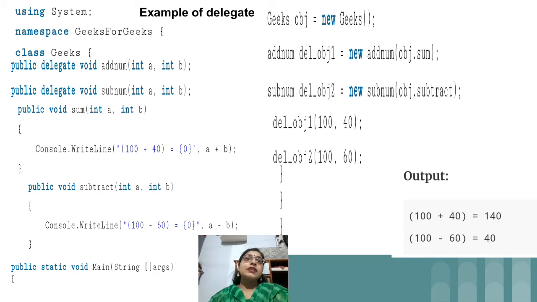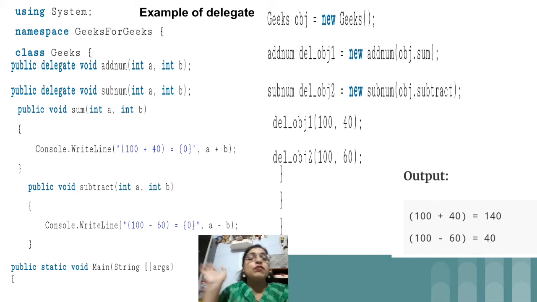After that we have written the logic, that is addition, like console.WriteLine 100 plus 40 equal to, within curly brackets a comma a plus b, whatever value we pass, that addition will be displayed. So when we call the delegate, just see that we use 100 comma 40, these values. So 100 plus 40, that is 140, will be displayed.